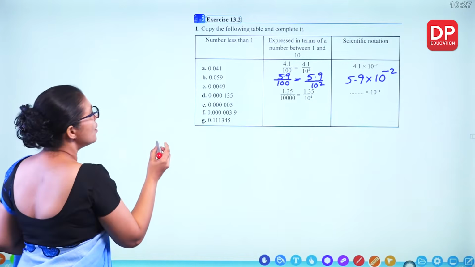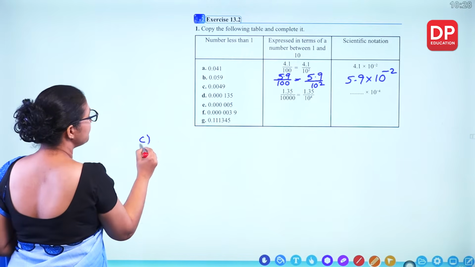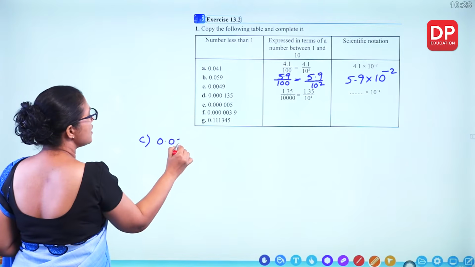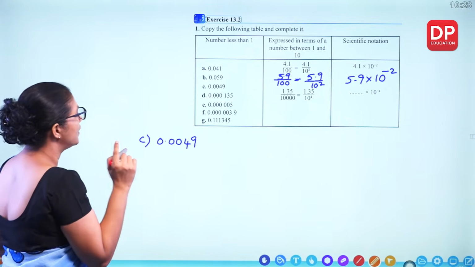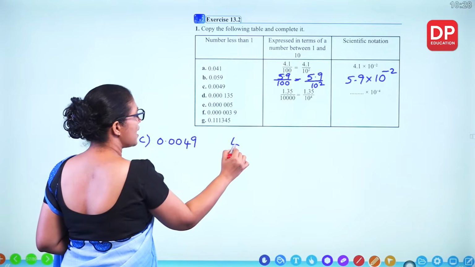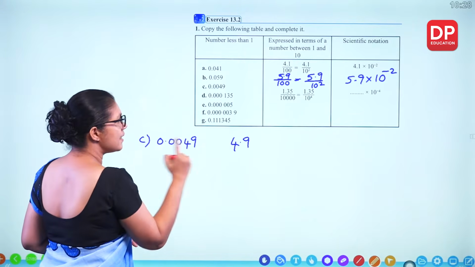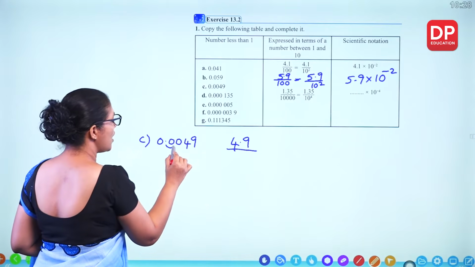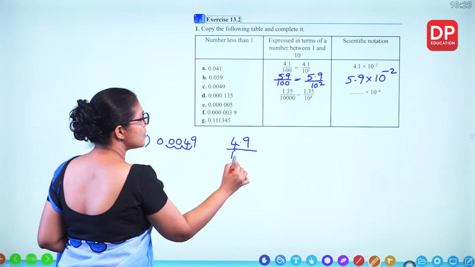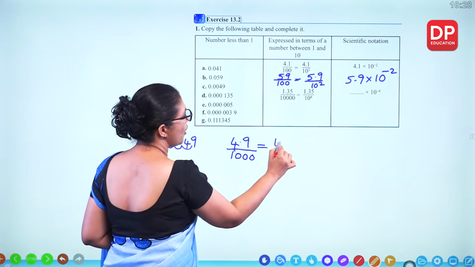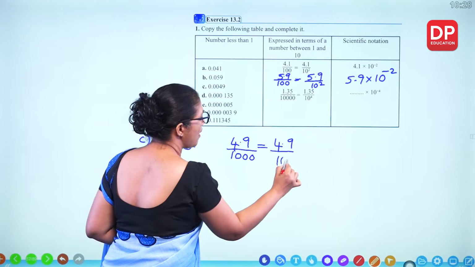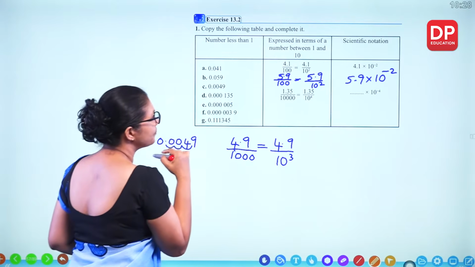So I'll do part C here. 0.0049. How can I write? I can write this number as 4.9 divided by 1, 2, 3, 1000. That's same as 4.9 divided by 10 to the power 3.